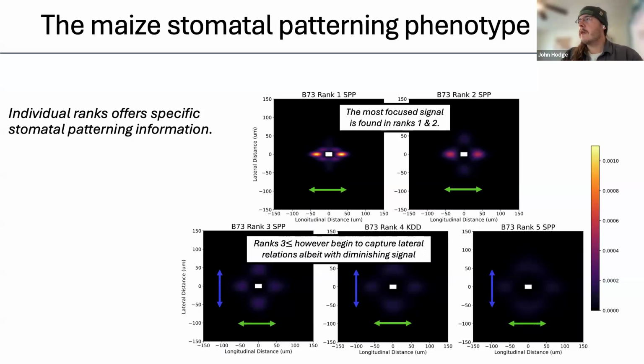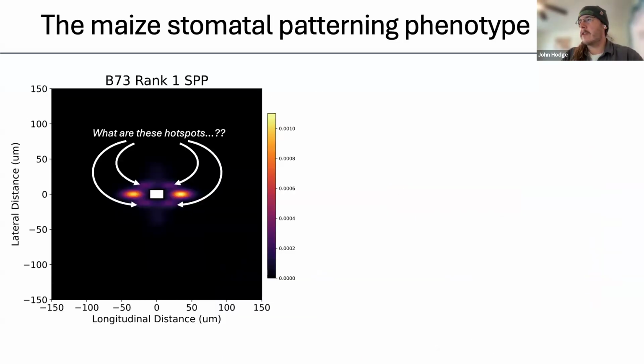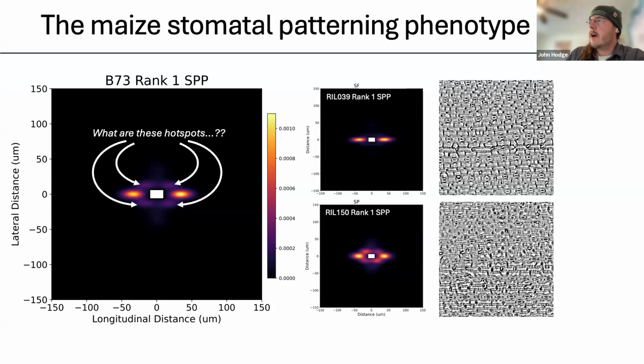One thing that people might have noticed if they were a little bit eagle-eyed on that first neighbor rank, though, is what are those little hot spots there? These little minor regions are actually segregating in this population. And here we're looking at two genotypes that are the extremes of what we're seeing.